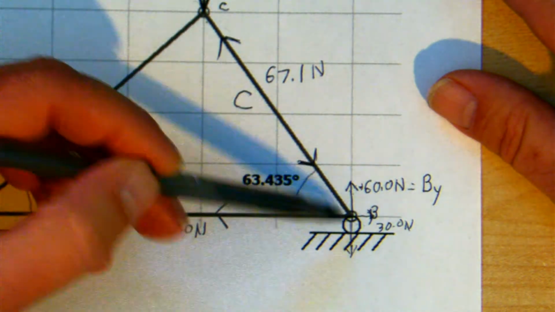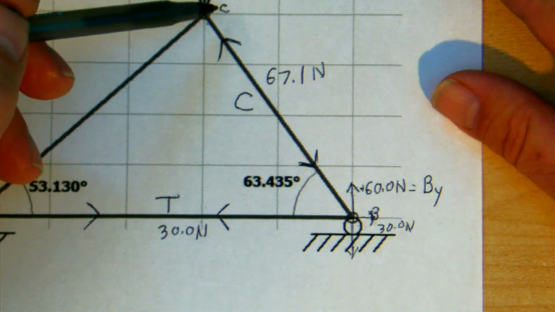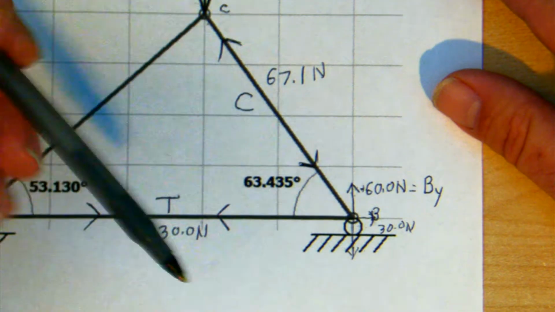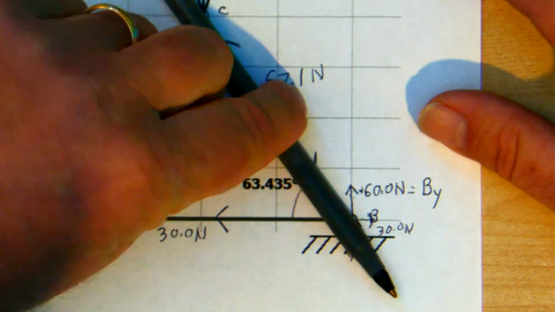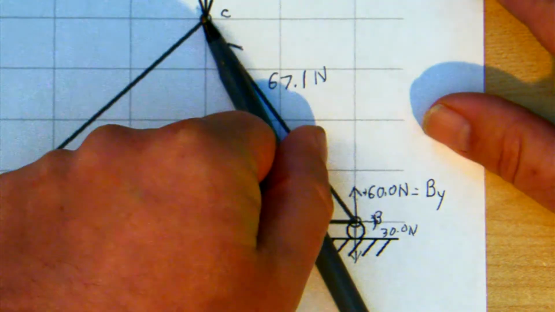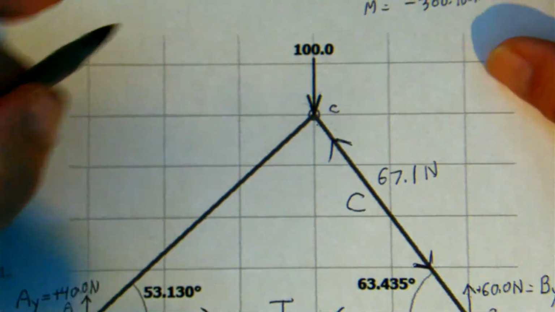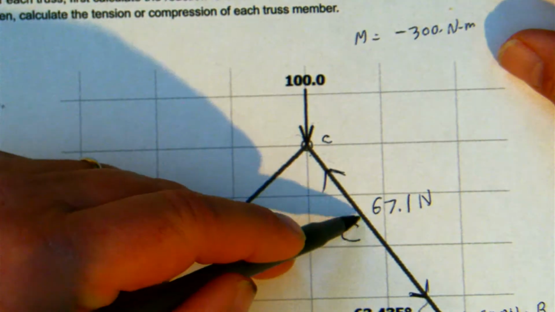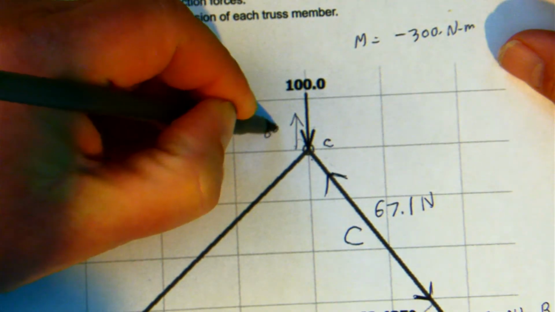And so by Newton's third law, for every action force, there's an equal opposite reaction force, or forces occur in pairs. If this end of BC is pushing down with 60 newtons, then the other end of BC is pushing up with 60 newtons.